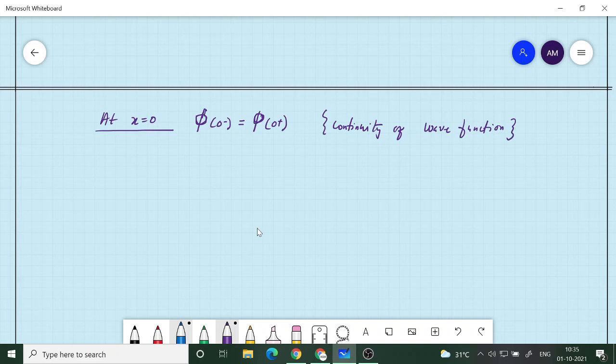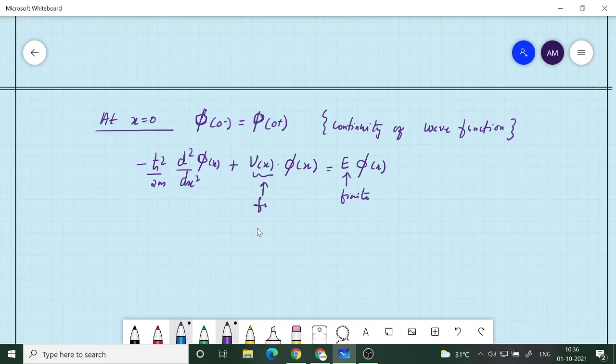Why do we say that the wave function should be continuous? Because if you have a Schrodinger equation like this, just a general Schrodinger equation, and the potential is finite, which is the case in this problem, then E is a constant which is finite, and V of x is also finite.